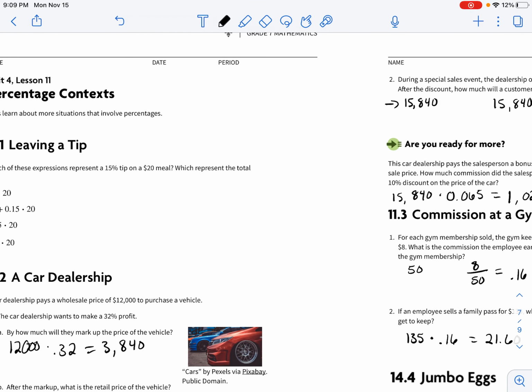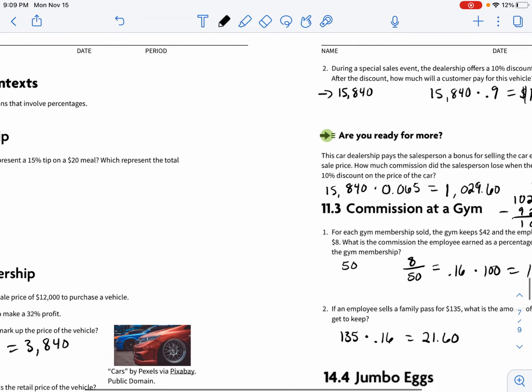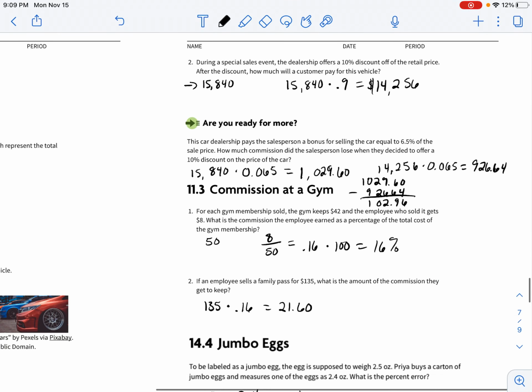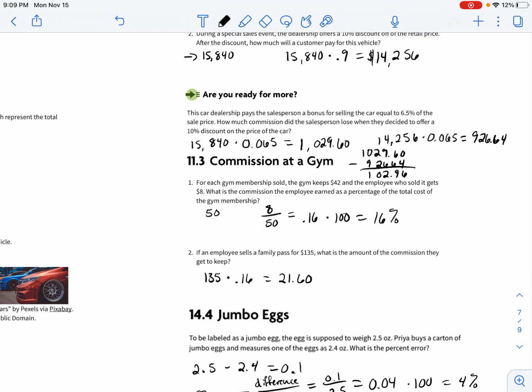So kind of putting percents in another context. We already looked at tips and taxes, but they do get used for a number of different things. So this gives you that real world application of other places that percents are used.